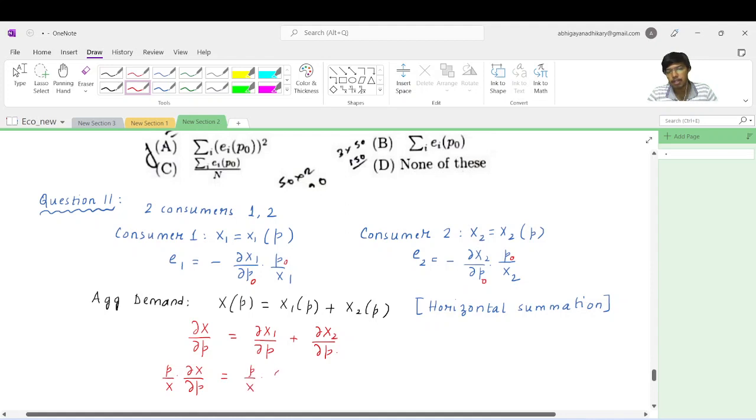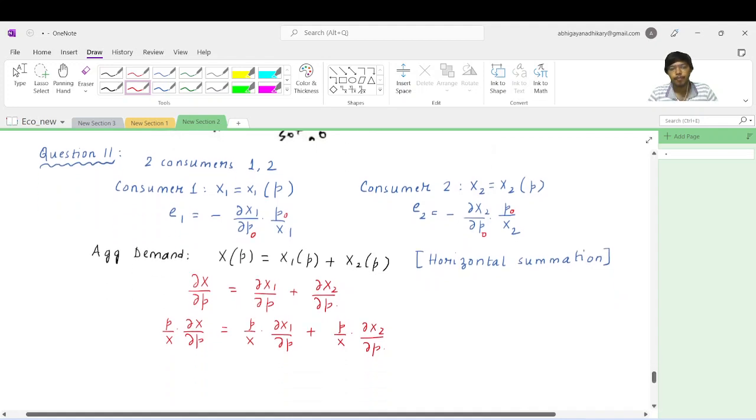So p by x del x1 by del p plus p by x del x2 by del p. With a minus sign, this has to be adjusted for absolute elasticities. So minus p by x del x by del p.